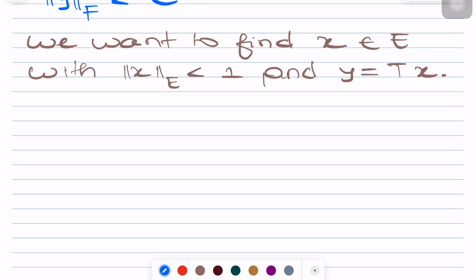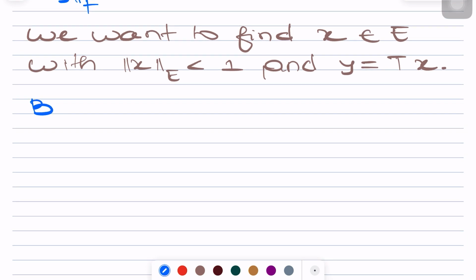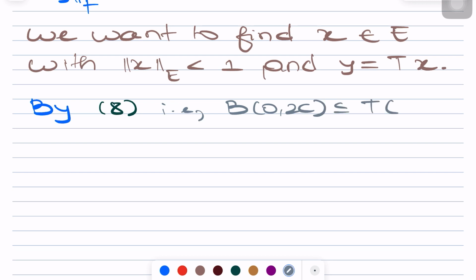By (8), let me remind you, that is the ball contained in the closure of the image of the unit ball.